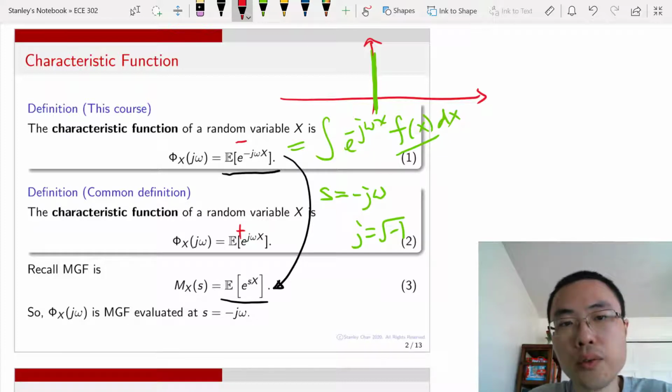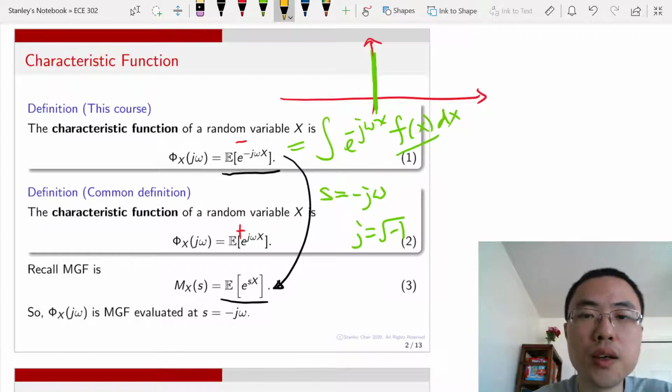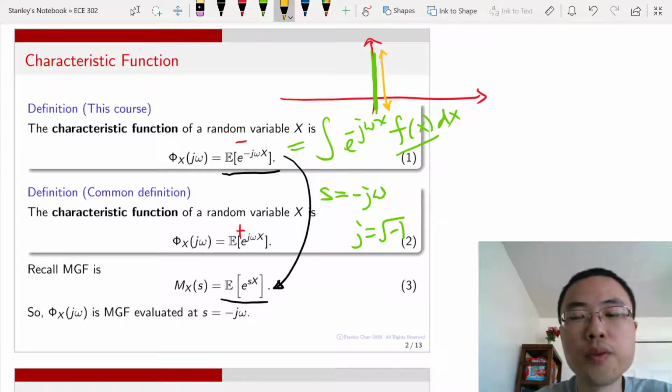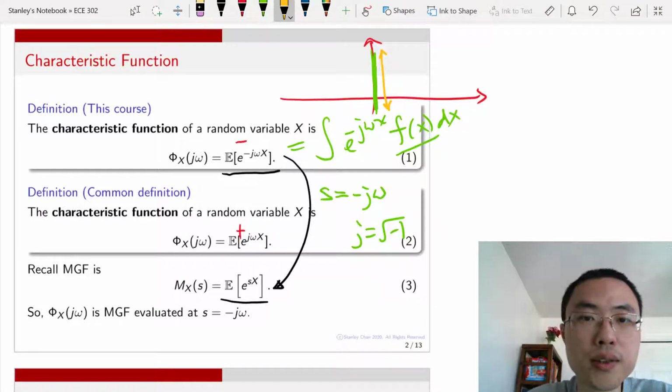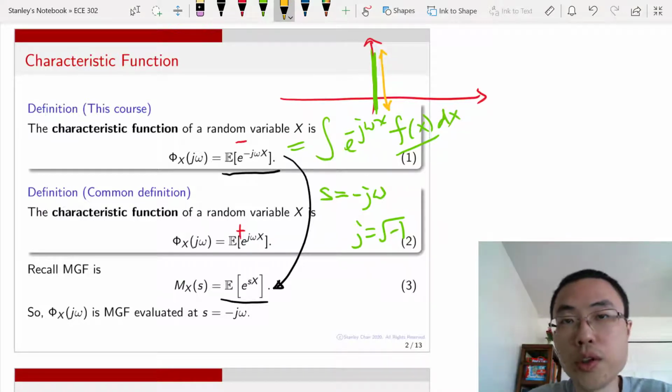Both definitions are correct, because if you're evaluating your moment-generating function on this vertical line, you can start from the bottom to the top, or you can start from the top to the bottom. Both will evaluate the same y-axis, and therefore both definitions are correct. We choose to follow the first one, because it is more consistent with how we learned the Fourier transform in the Signals and Systems course.